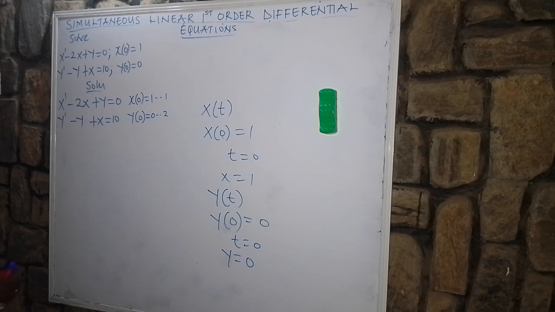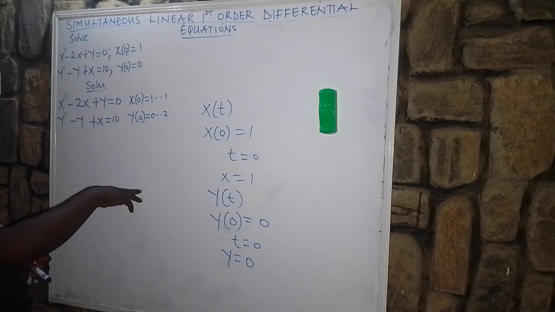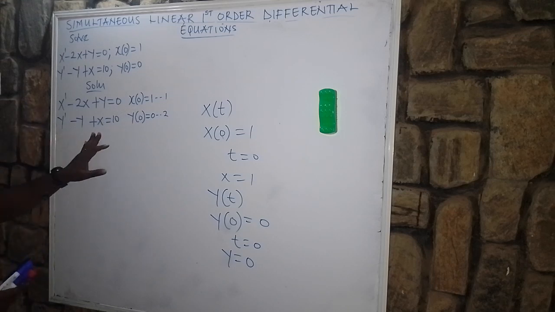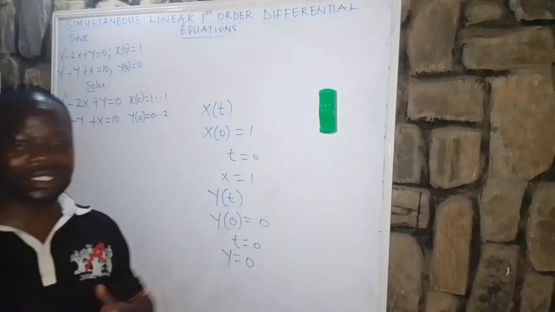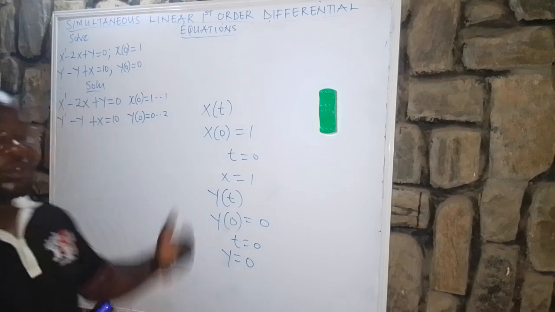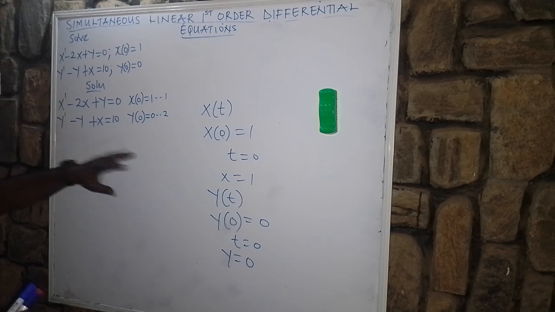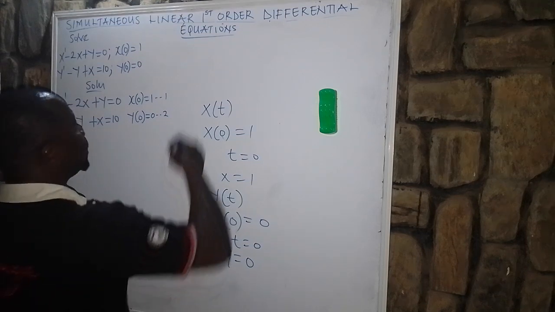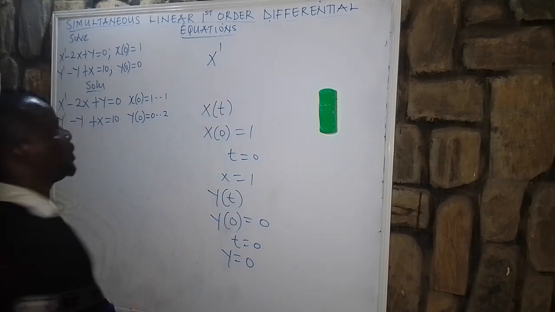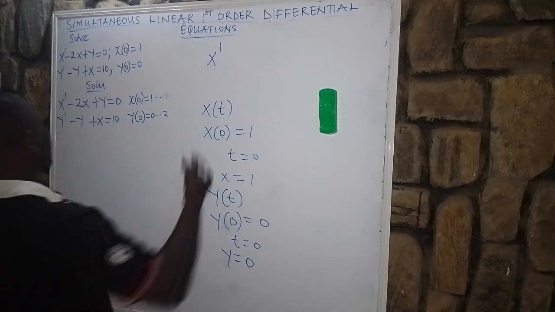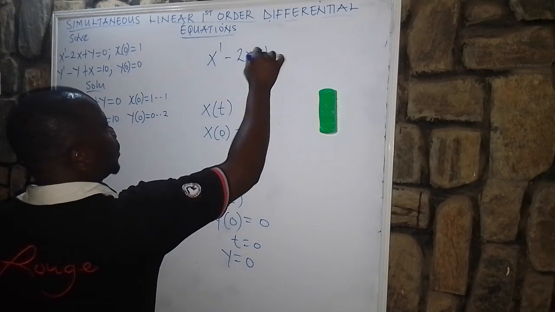It's very important. So whenever you come across something of this form, I told you that this simultaneous linear differential equation has to do with time. We are talking about time. Is that clear? So the first order derivative has to do with dx over dt. I told you in the other video that sometimes they can set it this way. Now here we have 2x plus y.